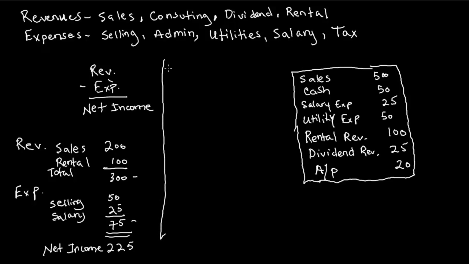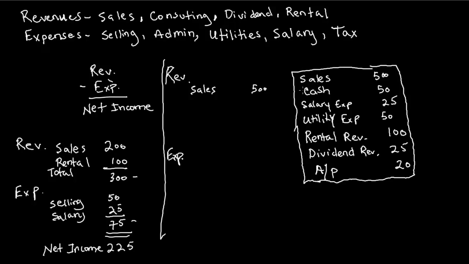So I'll just say this is our revenue section, and this is our expense section. So for revenue, the first thing we see is sales. So yes, sales falls under revenue because it's money you earn in the normal course of business. So we put down sales of 500. Let's see the next one. Cash.